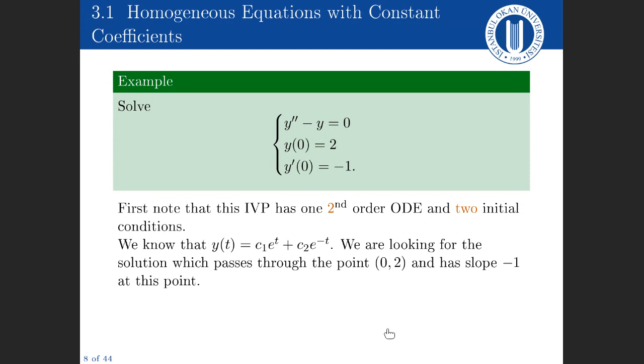We know the general solution is C1 e to the power t plus C2 e to the power minus t. We are looking for the solution which satisfies the initial conditions. We want the solution which has that when t is equal to 0, y is equal to 2, and we want that at this point the slope needs to be minus 1.